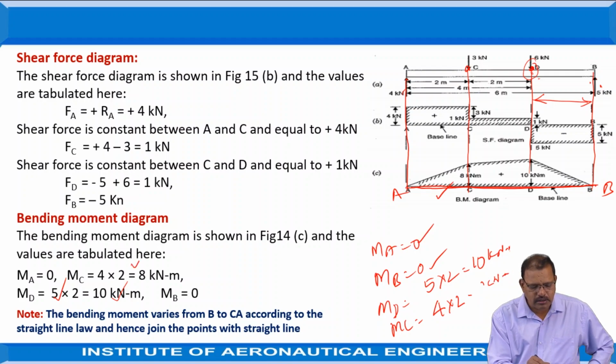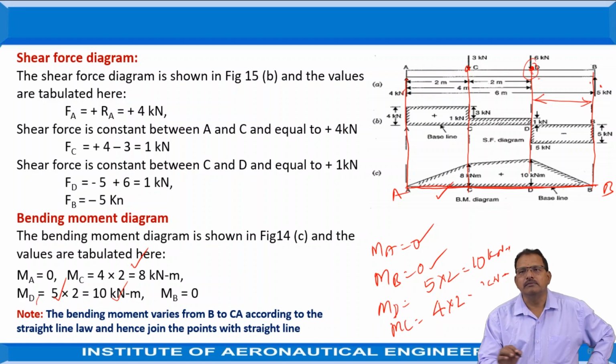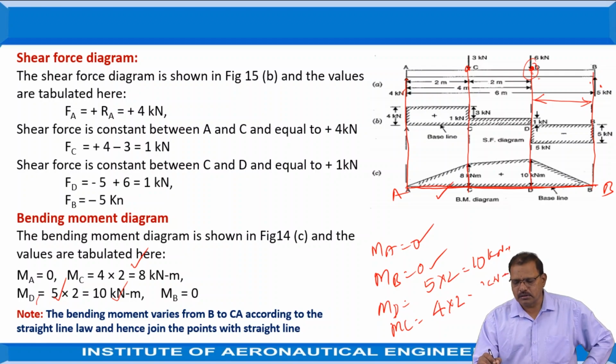After determining the MC and MD values, represent the distances using a suitable scale. Because of point loads acting, the bending moment varies according to the straight line law only. Hence, after representing the bending moment at C, 8 kilonewton meters, just join the points using straight lines.